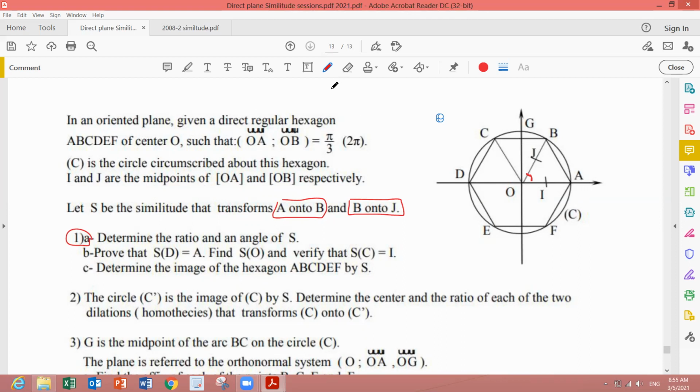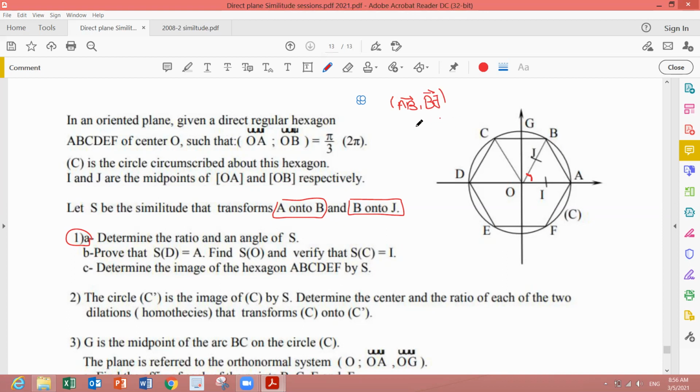Now what is the angle? The angle is (AB, BJ).